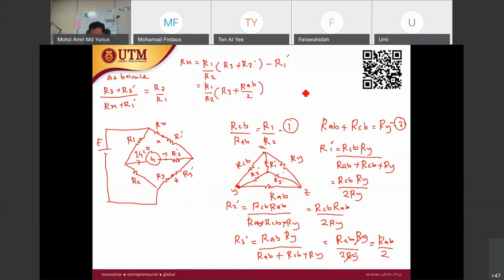And R1 prime is RCB over 2, right? From here, R1 prime is RCB over 2.